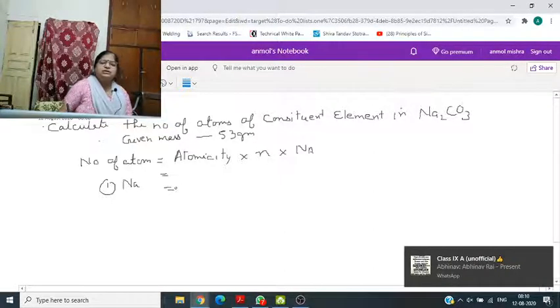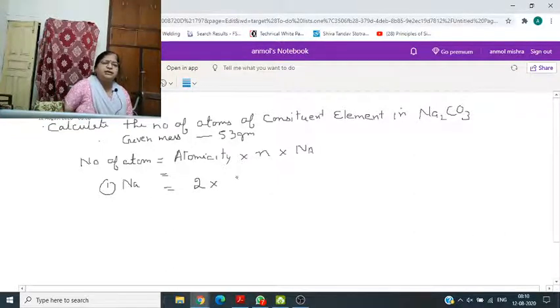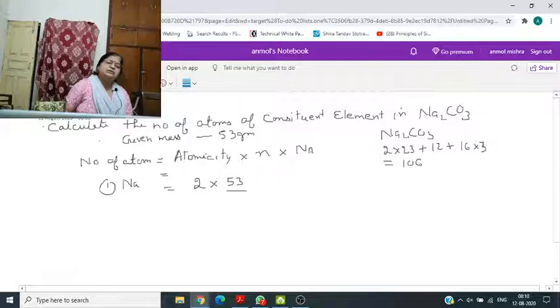Now we can see that 2 atoms of sodium are present, so atomicity will be 2 and N will be 53. Now molecular mass we have not calculated. Na2CO3 will be 2 into 23 plus 12 plus 16 into 3, oxygen 3 atoms. So that will come out 106 grams. So 53 by 106 into 6.023 into 10 to the power 23.